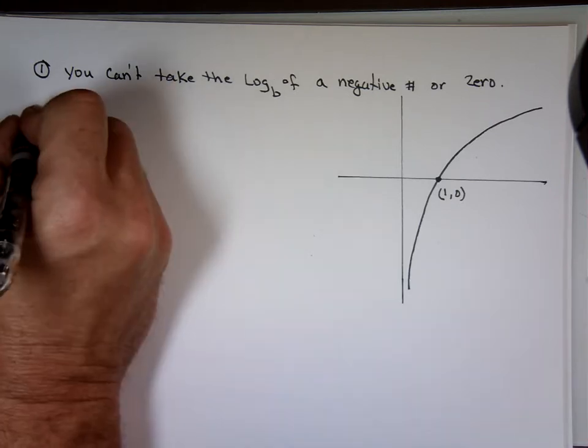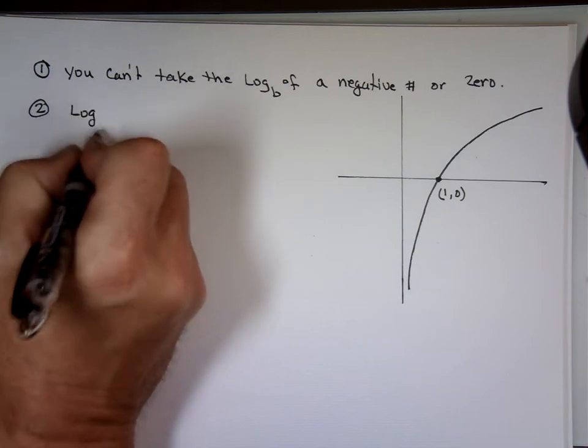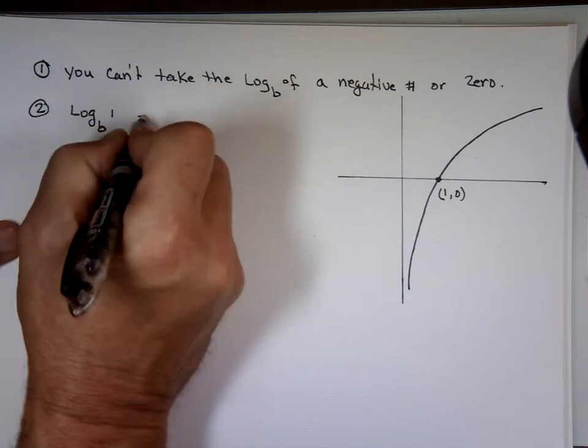Rule number 2, the log of 1 is equal to what? Doesn't matter what the base is, always a 0.